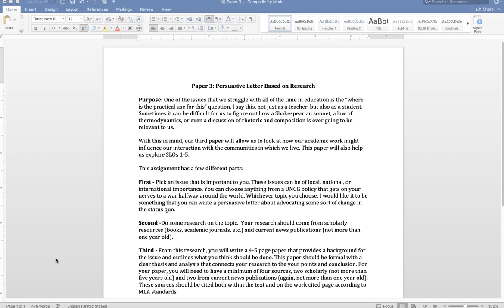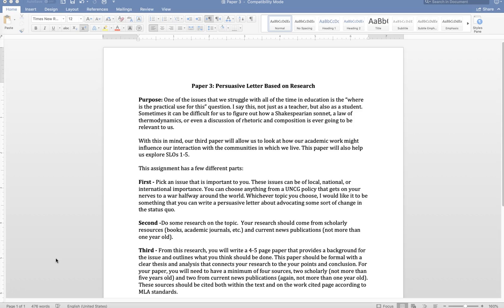I've had somebody choose U.S. environmental policy, and then I've also had people choose parking policies at UNCG. So it's pretty open in that regard.